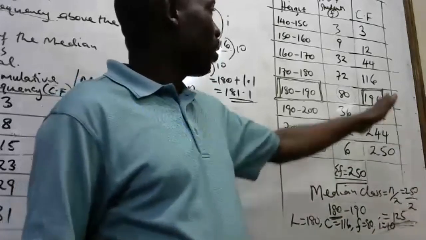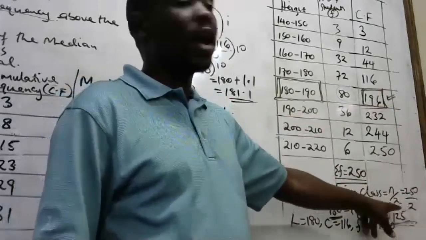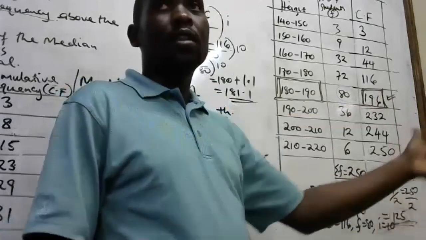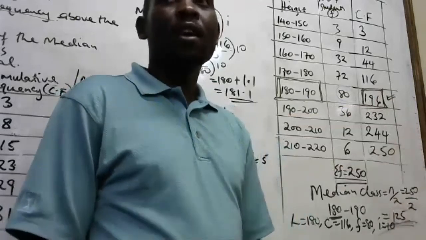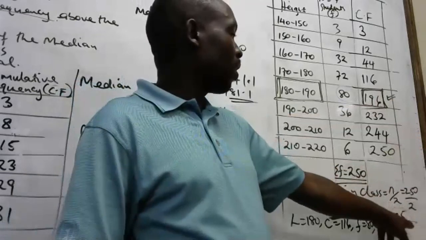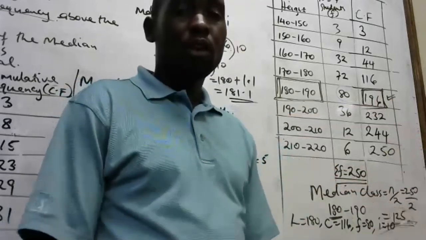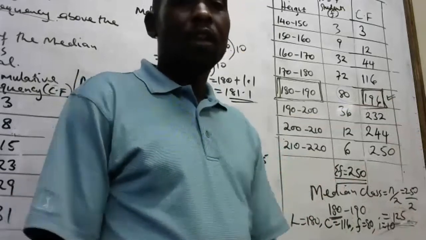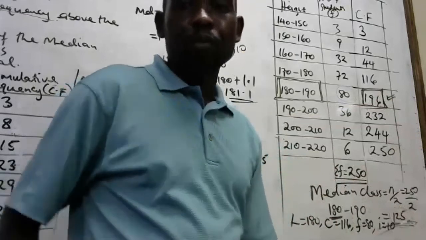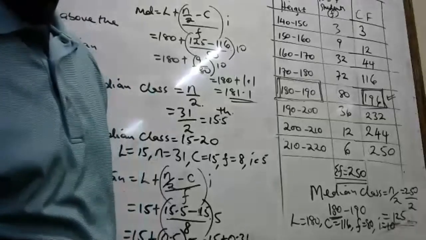Don't take the cumulative frequency that is less than your n over 2. Just take the one that is slightly higher than that. Then you move on, you get the answer, and you are good to go.